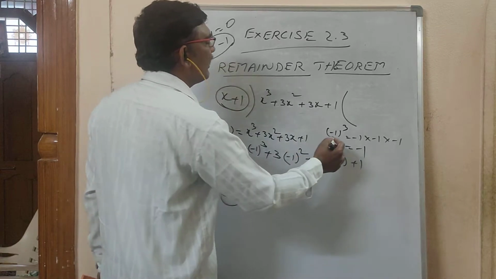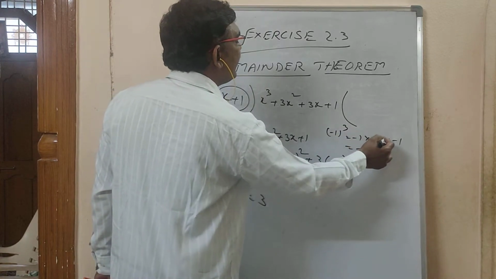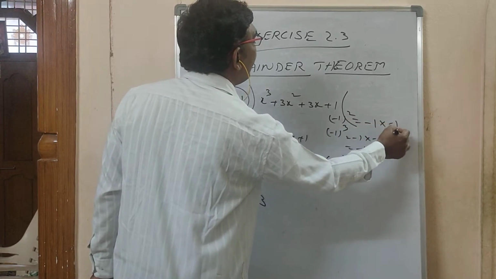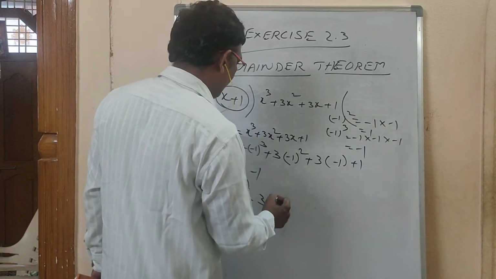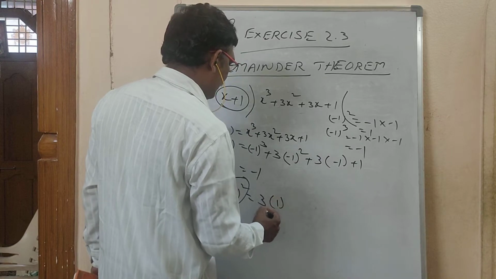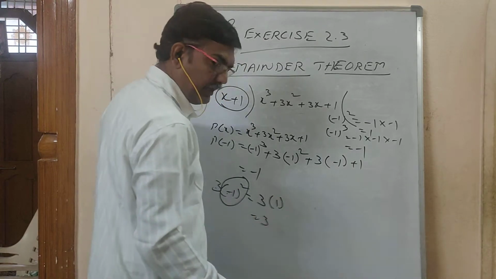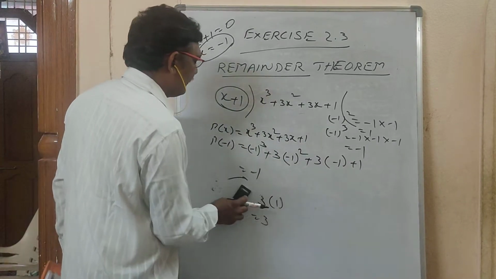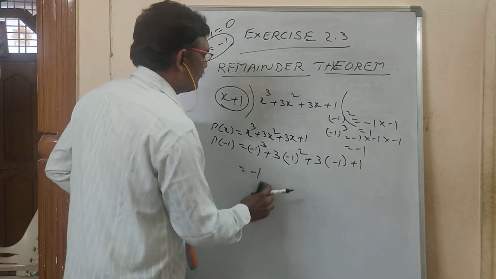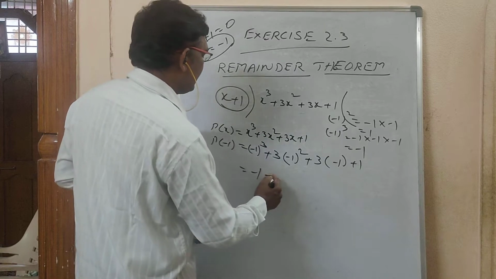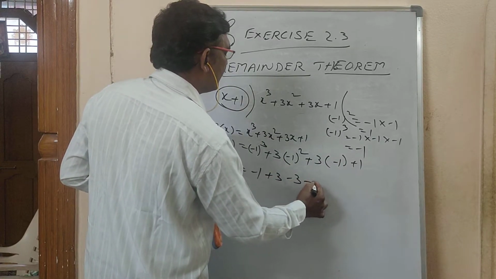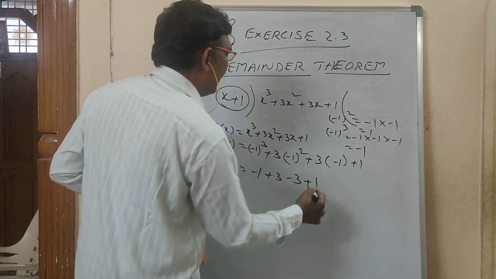Minus 1 whole square means minus 1 into minus 1, which is 1. Now 3 into 1 is 3. So 3 into minus 1 whole square is 3. Plus 3 into minus 1 is minus 3. Here plus 1 as it is, I copied.